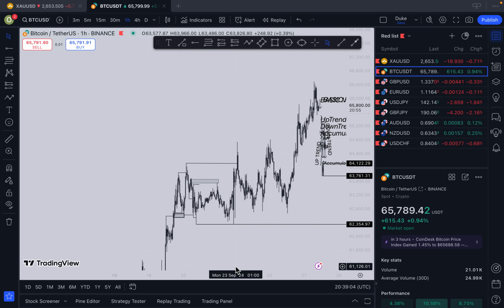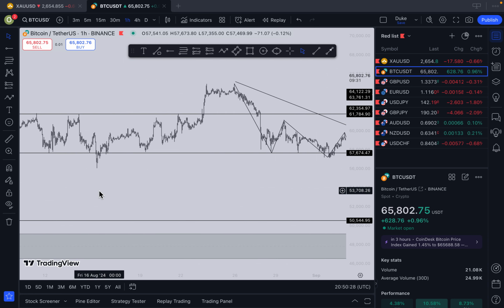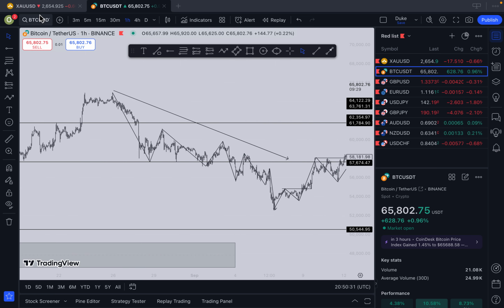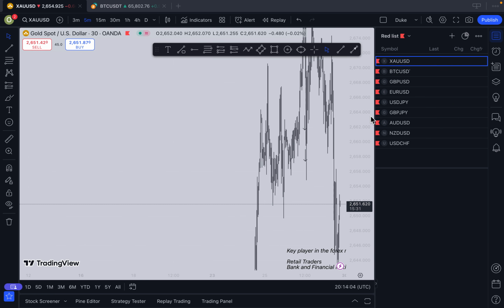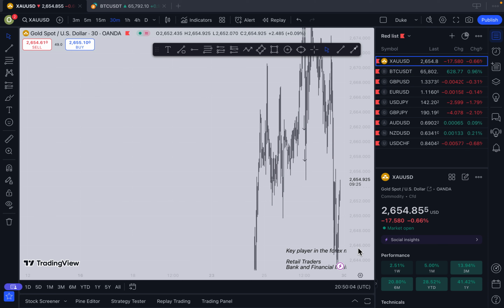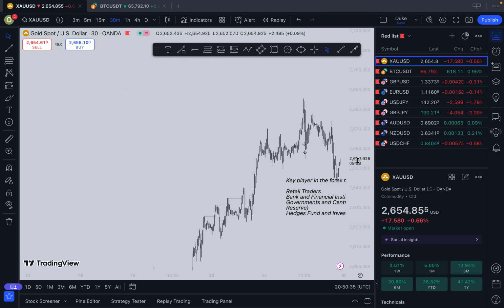Remember I told you that it's not always all the time that it will match, but you can see for yourself, right? This is a typical accumulation phase on 1 hour.